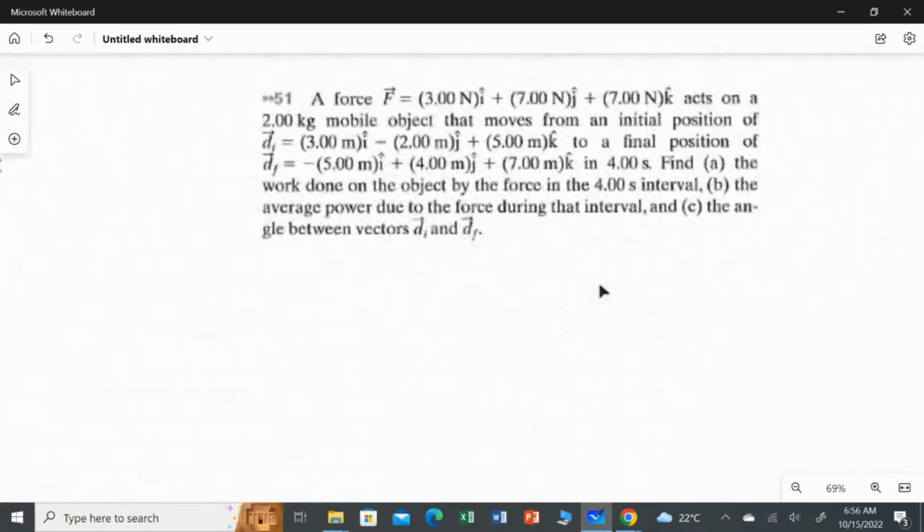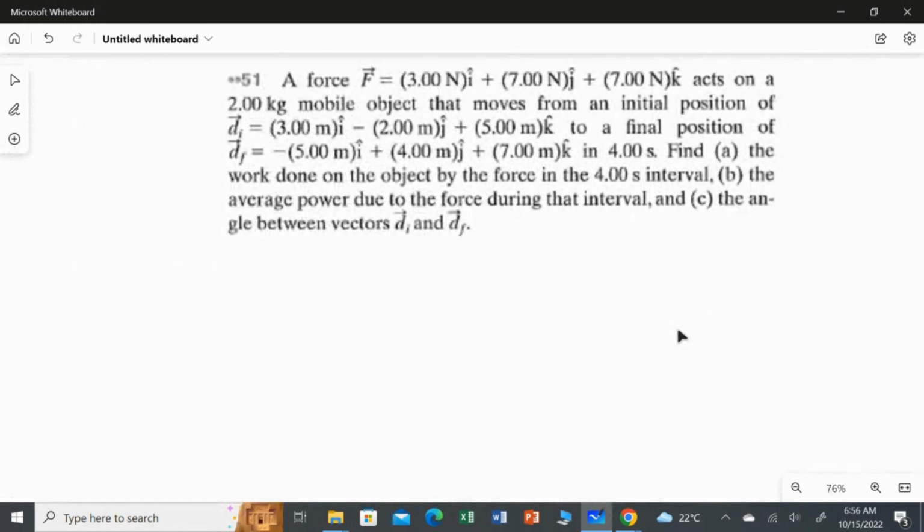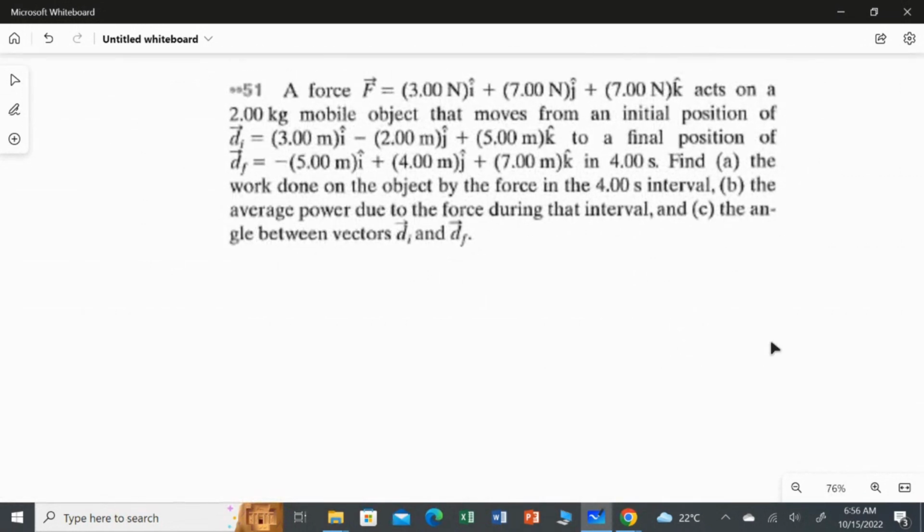So this is our last question of this chapter, and here we have 3 subdivisions. So we have to go very carefully and read the questions word by word, line by line. A force F vector, 3 Newton I cap plus 7 Newton J cap plus 7 Newton K cap, acts on a 2 kilogram mobile object.